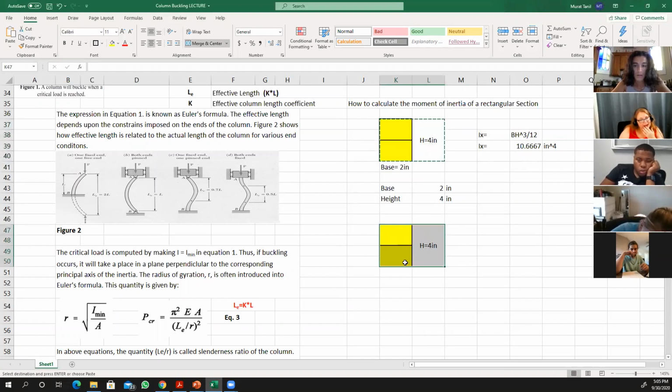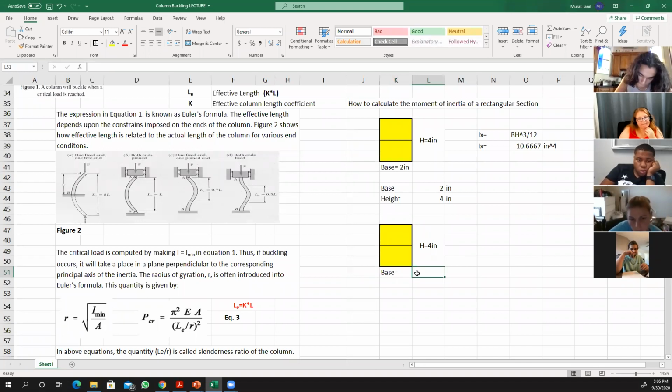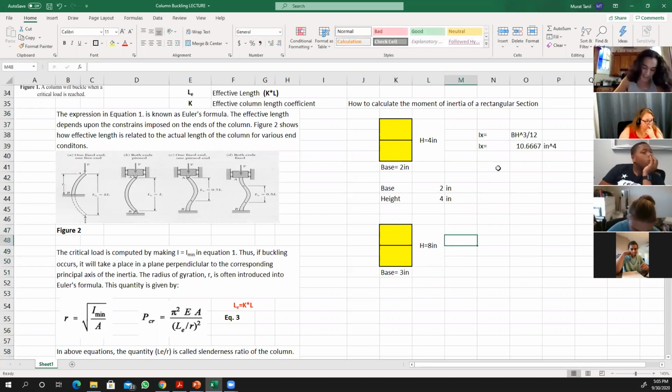And the other scenario: make the base 3 inch and the height, let's say 8 inch. Let's see how it's going to change. This is scenario 1.